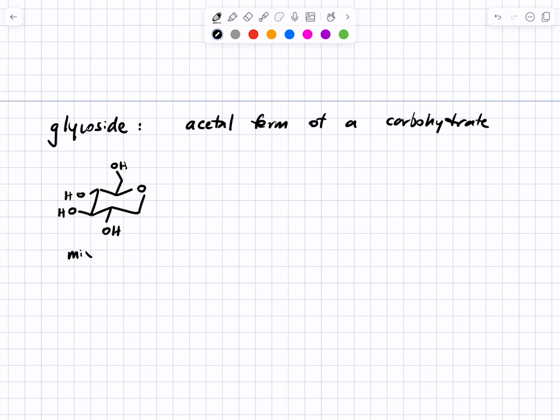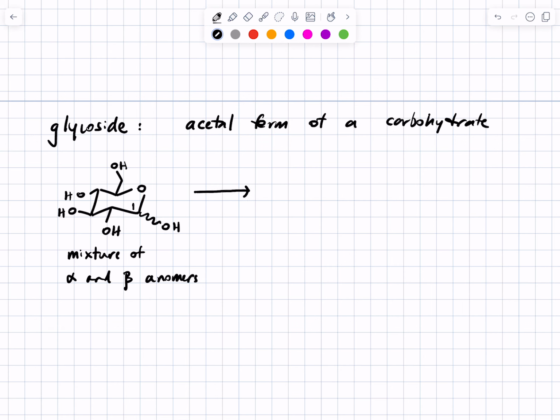When you want to communicate that you have a mixture of alpha and beta anomers, one thing that organic chemists do is use a squiggly line for the C1 OH group. That says we are not committing to whether it's up or down. We have both. So that squiggly line simply means I've got both alpha and beta anomers.